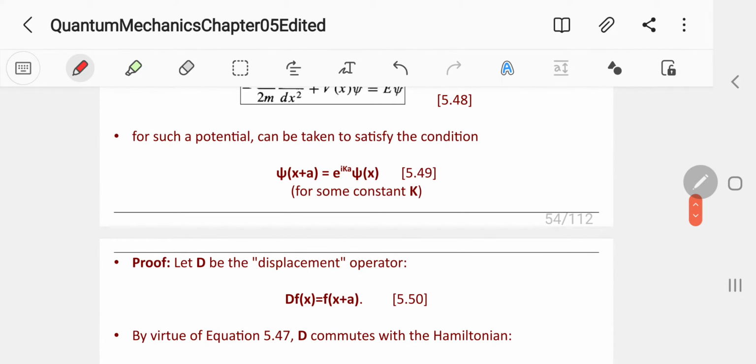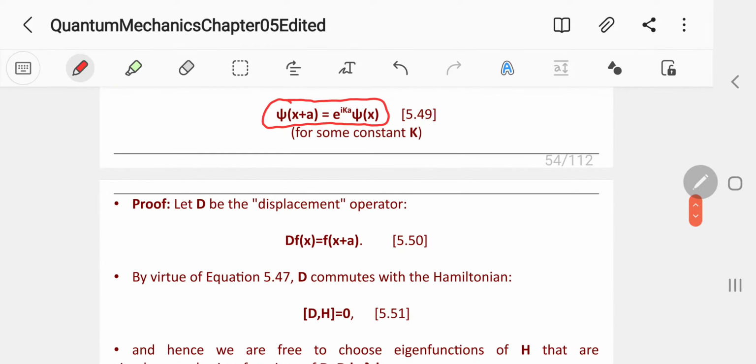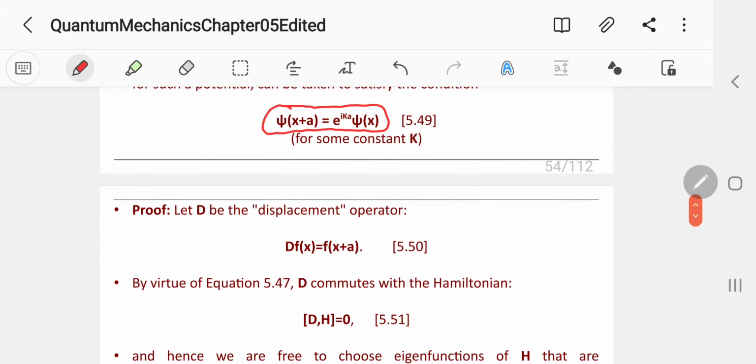So anyway, the proof is not important, but for as long as we know that the wave function satisfies this. The proof may be ignored, but of course you have to know the proof as well. So that's the behavior of the wave function.